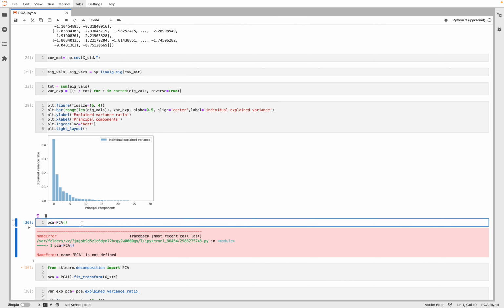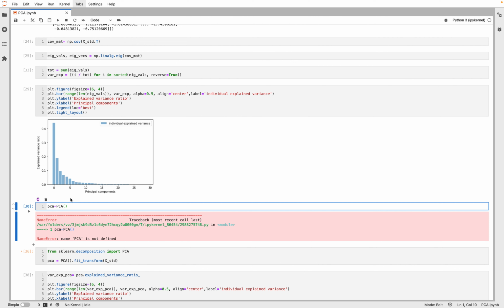You can see that the first eigenvalue accounts for almost 50% of the information, and the second eigenvalue accounts for almost 20%. So next, we will use the PCA from the Scikit-Learn library.